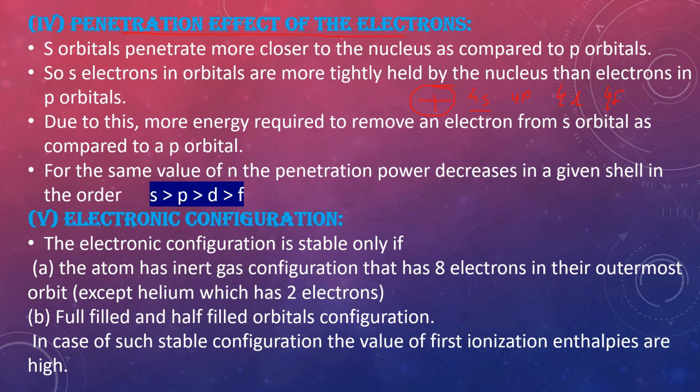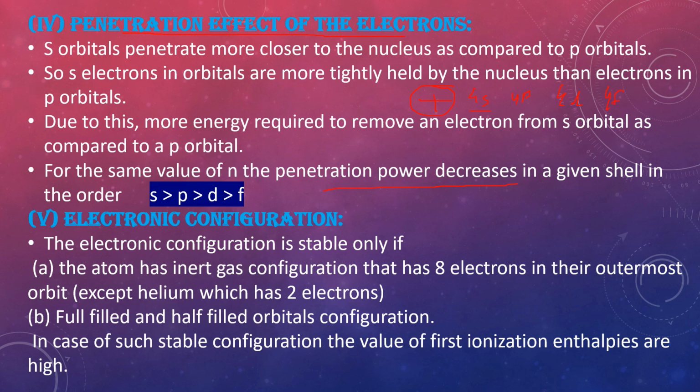The closer the orbital to the nucleus, the more its penetration effect. So s orbital is more penetrating than p, p is more penetrating than d, and d is more penetrating than f. So the order of penetration power of the different orbitals of the same shell is s greater than p, p greater than d, d greater than f.